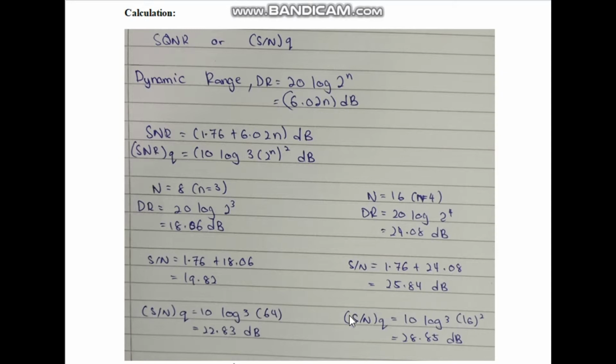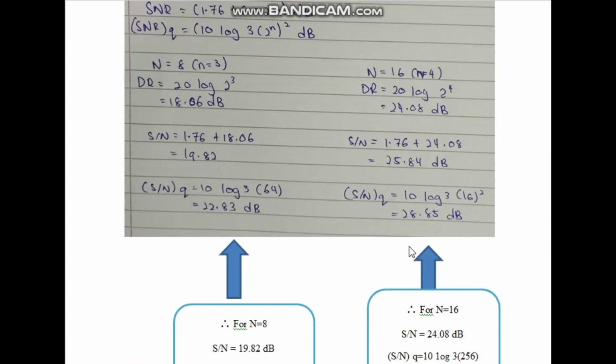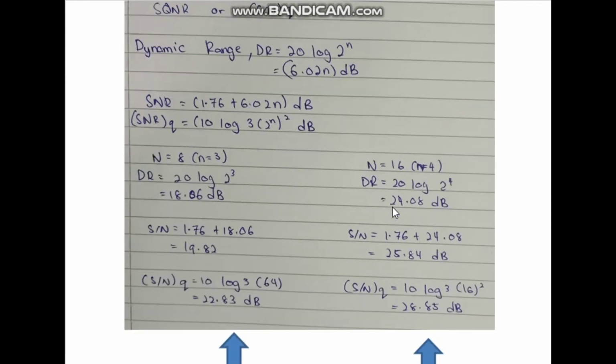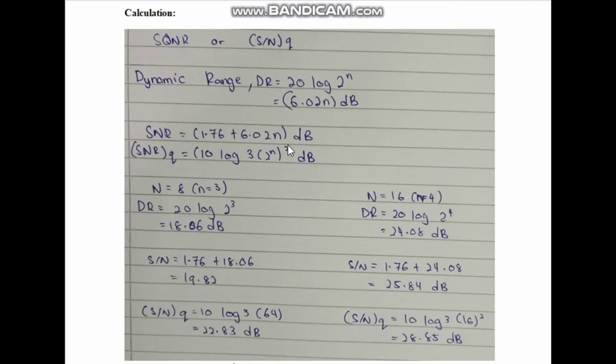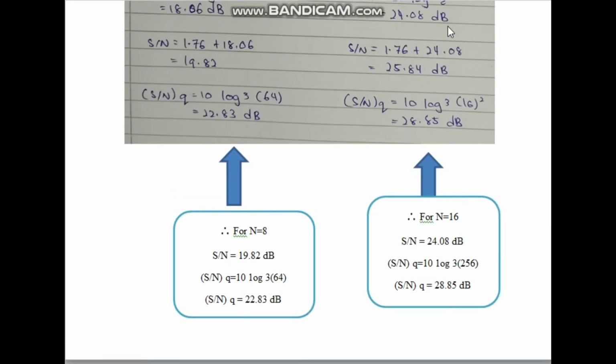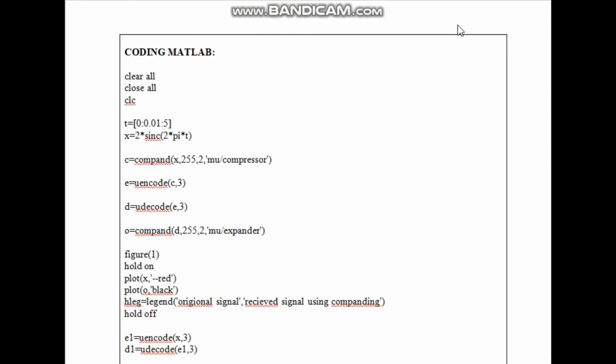So the final is 10 log of 3 multiplied by 16 to the power of 2, and the answer is 28.85 dB. The 1.76 we get from the first operation is a constant value.